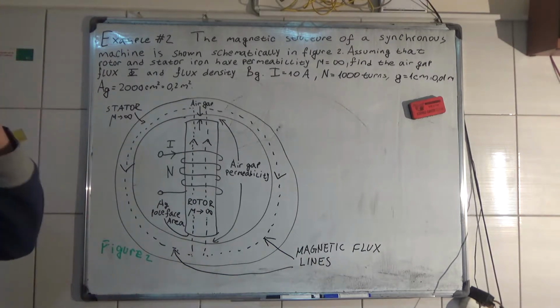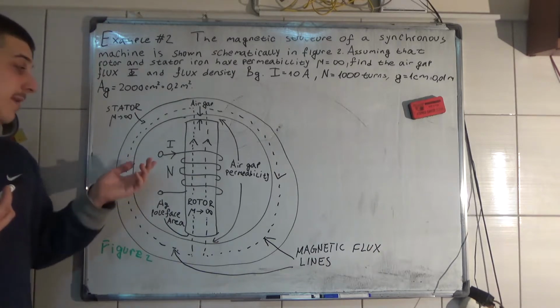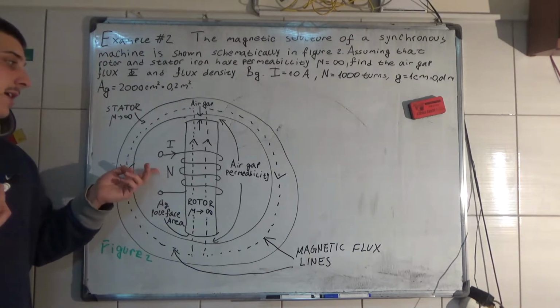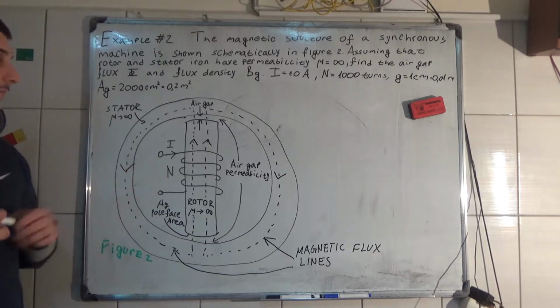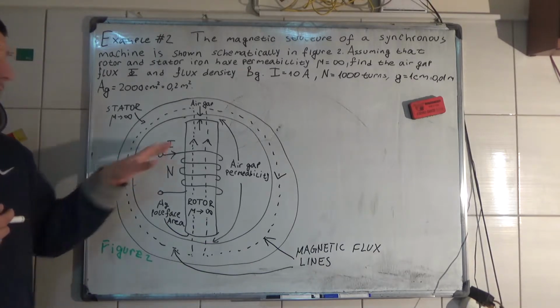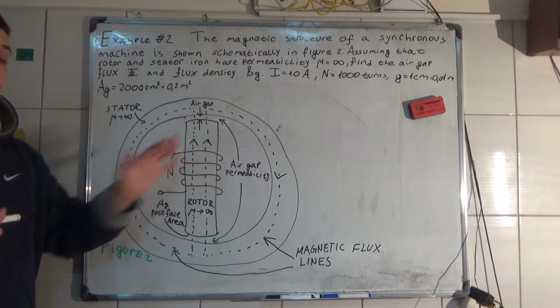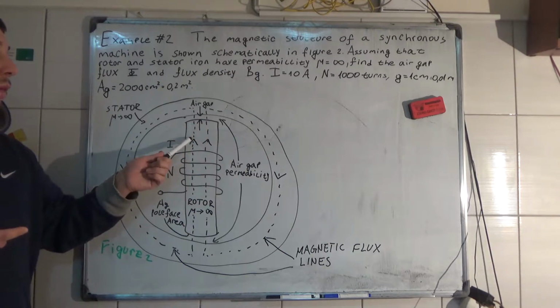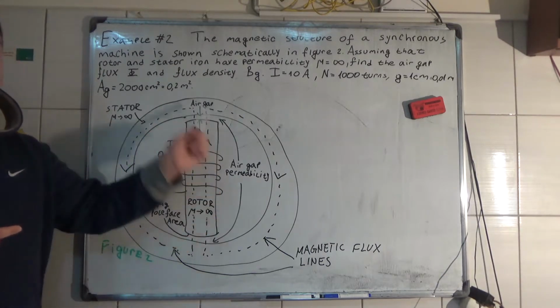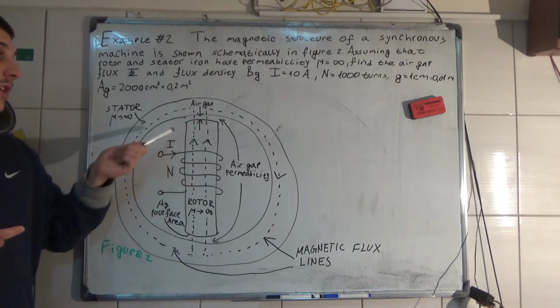So the MMF, the magnetomotive force Ni, is produced here. Now we have to calculate what is the flux in this machine.